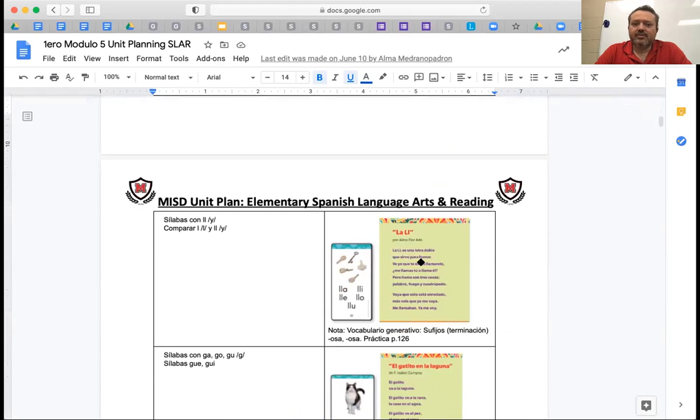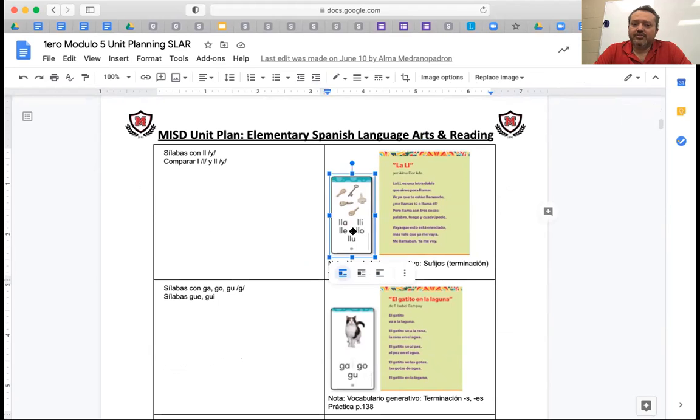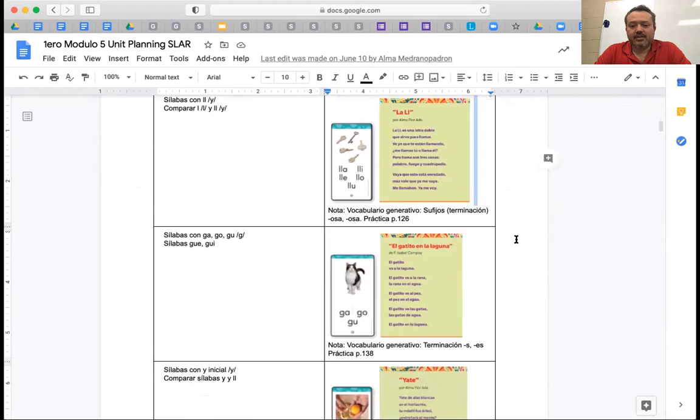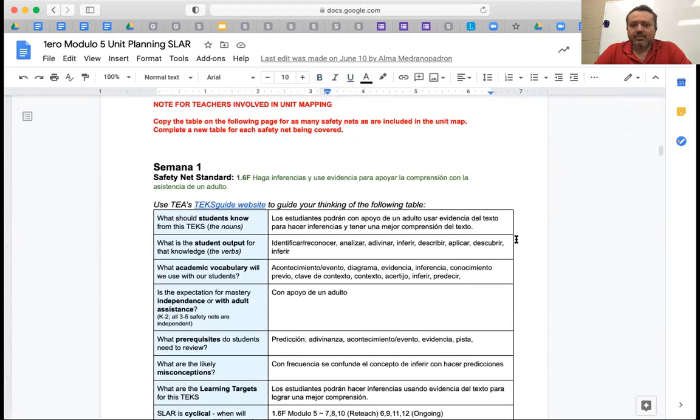And then here are some of the resources that teachers could use, and the teachers could decide to either print it or save it on their desktop, and then it goes by weeks.